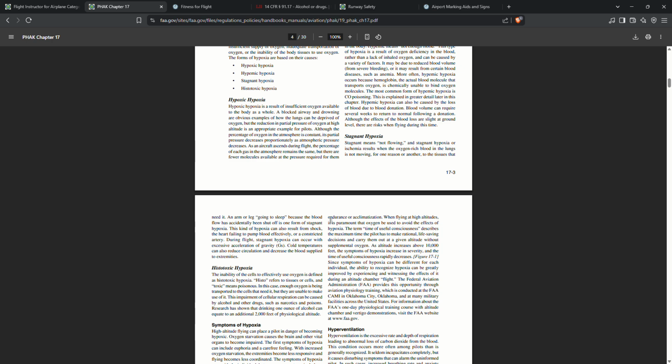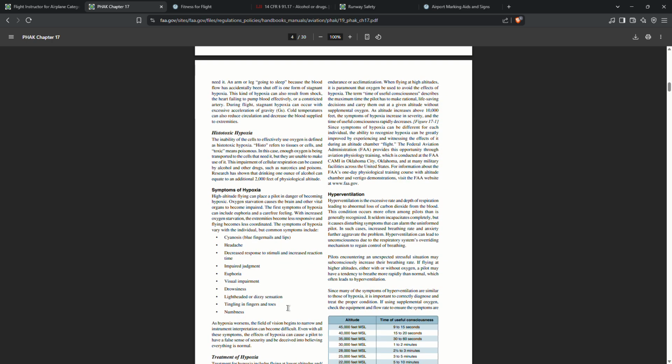This is mainly caused by G's. Cold temperatures can also relate to that, but when you're pulling G's, especially in fighter jets, your blood's not flowing. Histotoxic hypoxia relates to poisons, and you mainly see this with drugs and alcohol, where the blood is not properly holding the oxygen, but there is oxygen still there.